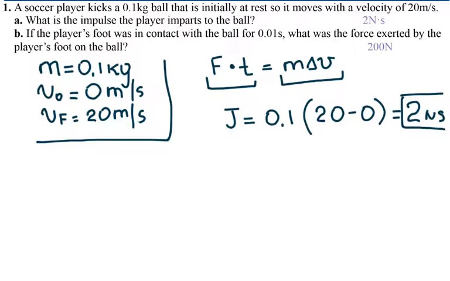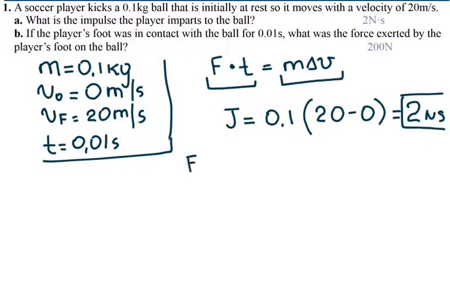For the second part, they say the player's foot was in contact with the ball for 0.01 seconds, so now the time is given: 0.01 seconds. What was the force exerted by the player's foot on the ball? The force times the time, again the same formula, is equal to mass times change of the velocity.